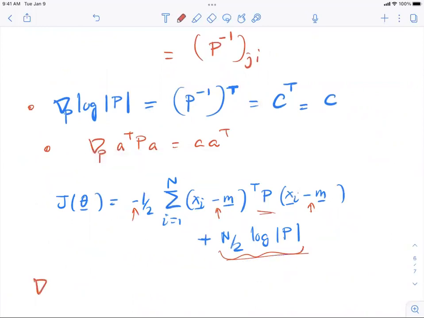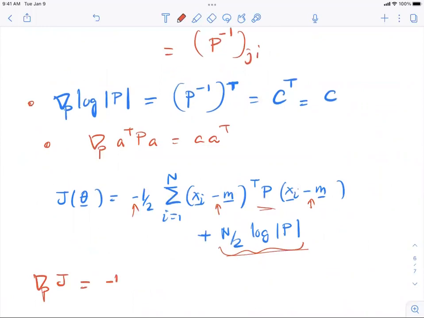So del P of J is minus half times the sum of these terms, and for each term the gradient is (xi minus m)(xi minus m) transpose. That's my AA transpose business coming in here.